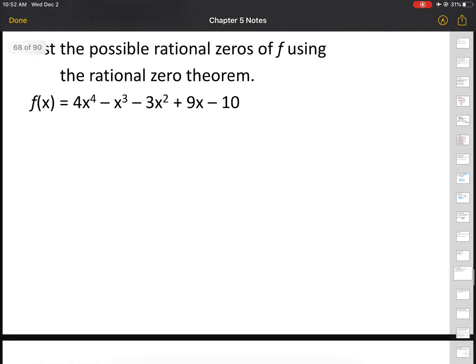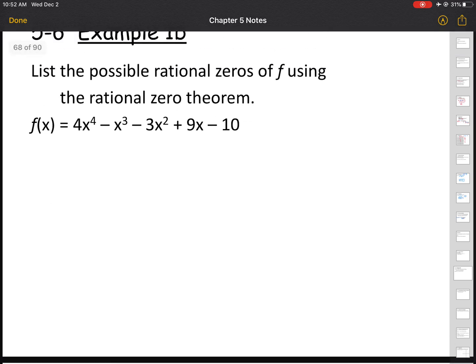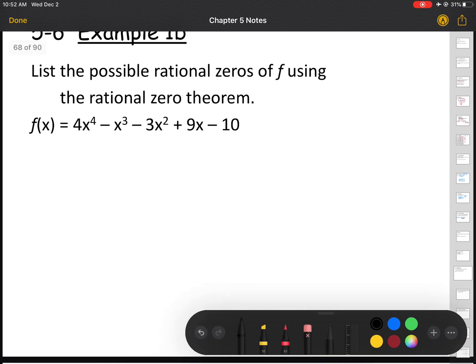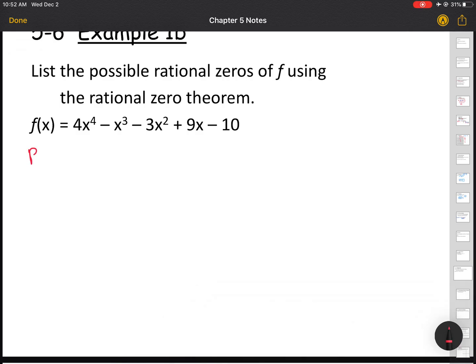Let's do another one. We're going to list out the possible rational zeros of f using the rational zero theorem here. Again, we're going to list out our possible factors of p, and that's coming from our constant.